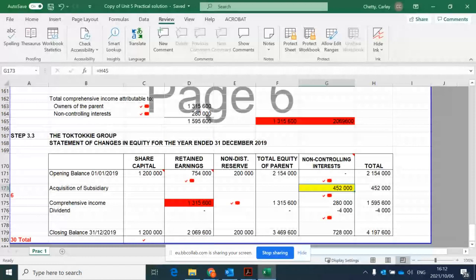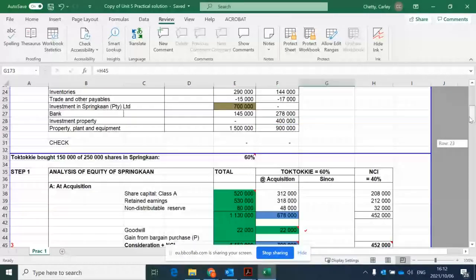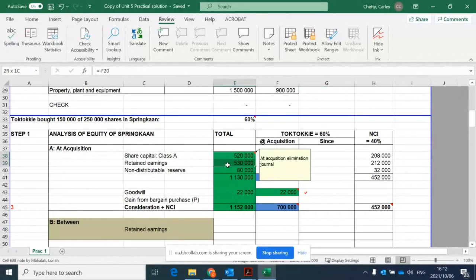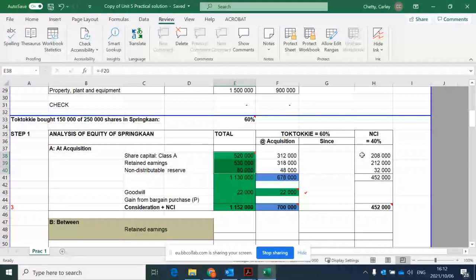And if we ask ourselves, where does the 452,000 Rand come from? This comes from the analysis of owner's equity. So remember when we looked at the acquisition here in part A, you can see that we had these total amounts and this represented 100%. Then we had NCI, which represented 40%.